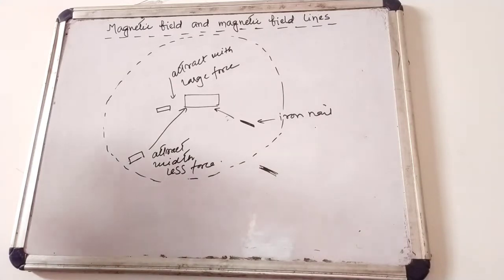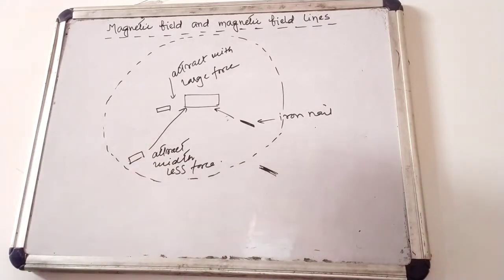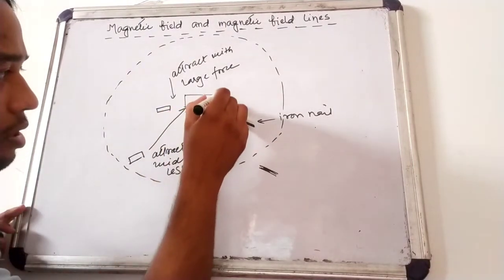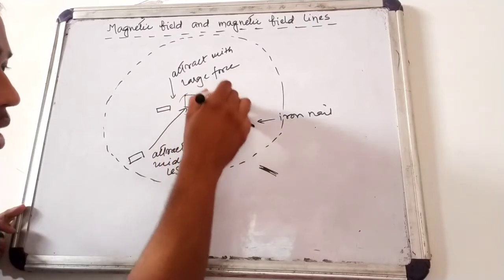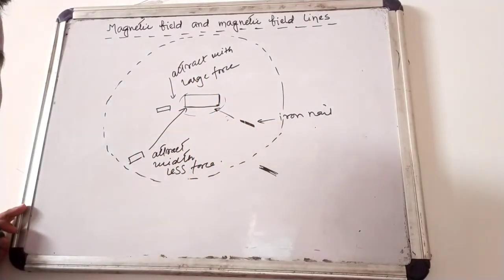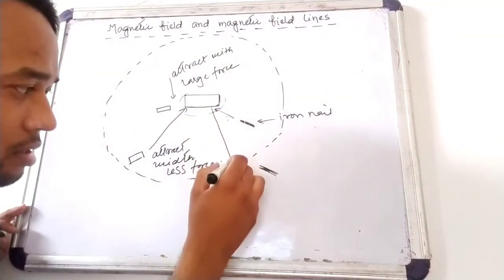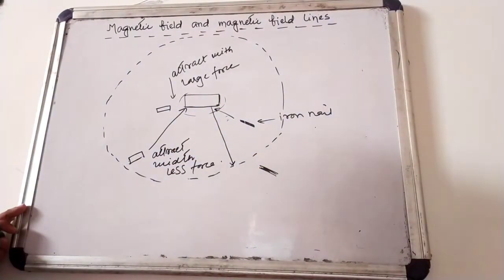So the conclusion is that if we increase the distance, the strength of the magnetic field decreases gradually, and after some distance it vanishes. That means for this iron piece near the magnet, the magnetic strength will be more, and it will continue to decrease up to this point.